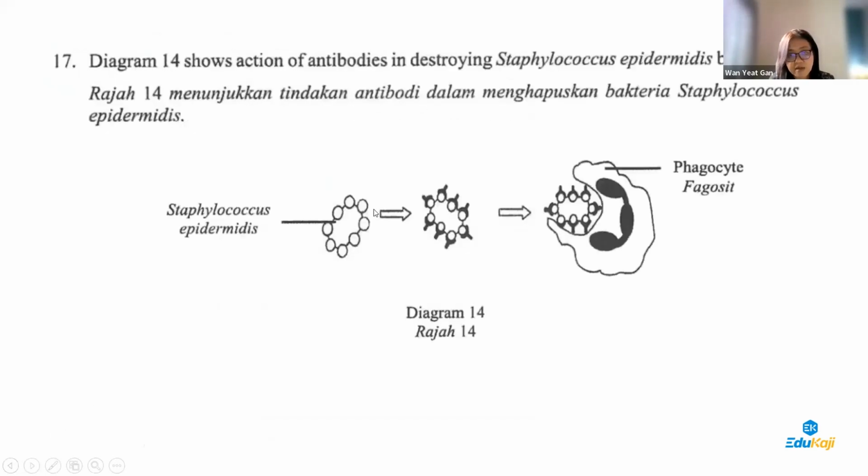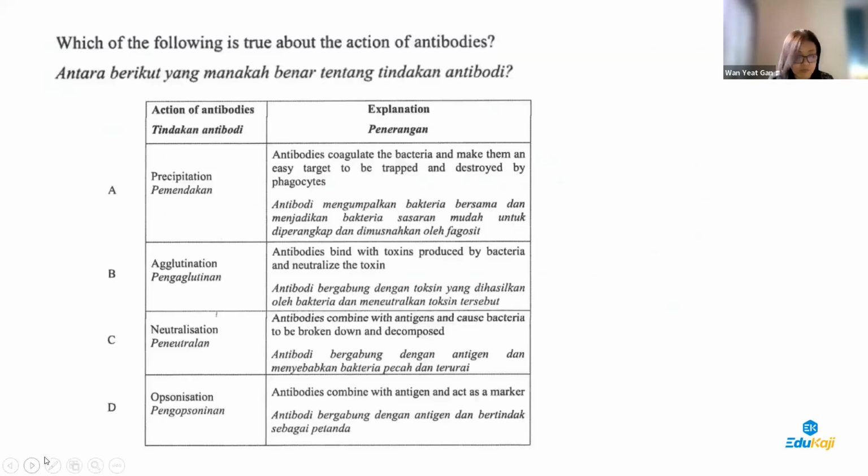So let's look back at the diagram here. This is the opsonization process, because the antibody has marked onto the antigen, so that it's easier to be identified by the phagocyte. So the answer is D.